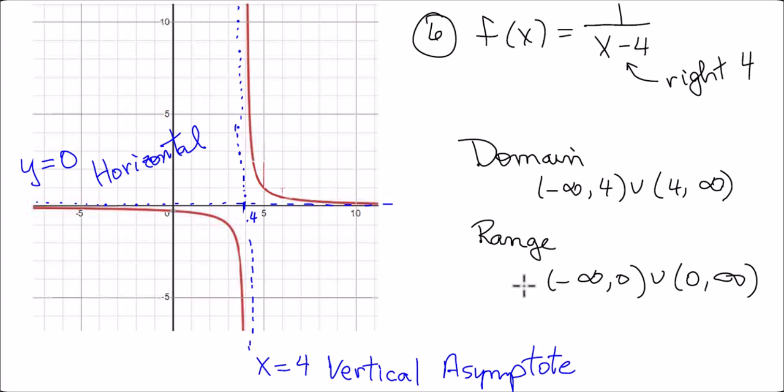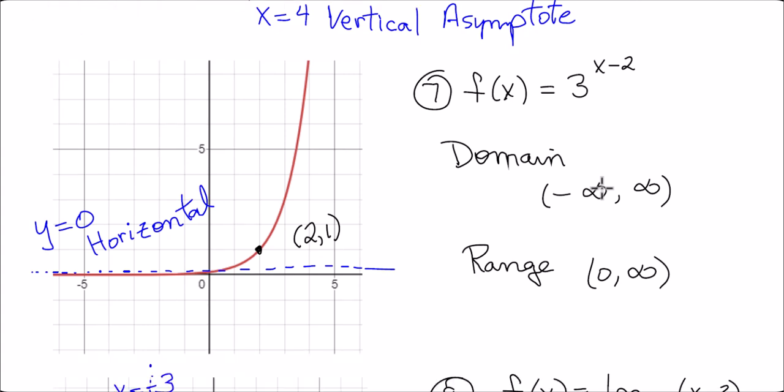So the range is just like 1 over x. The domain is different because it got shifted over to 4. There are parentheses on the 4 because it means it's not included.